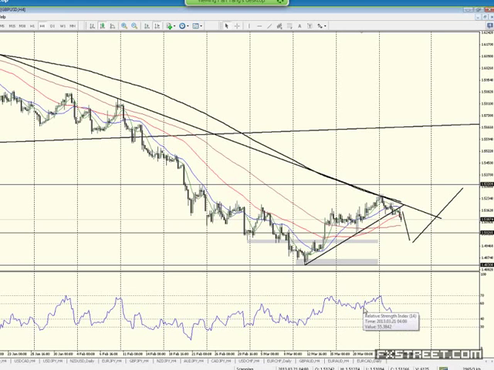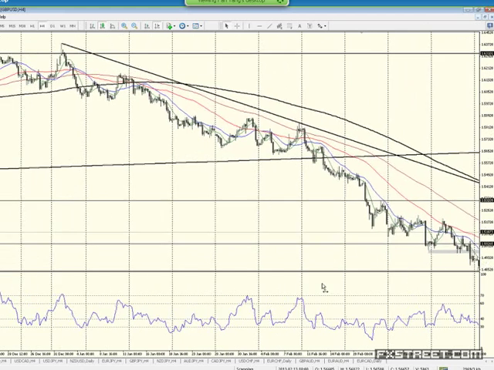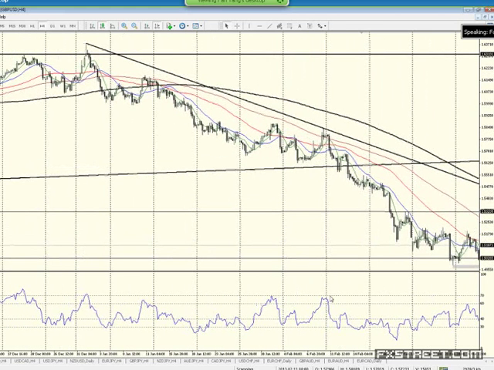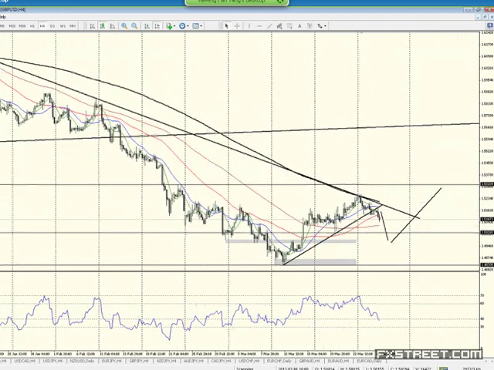RSI for me is a reflection of momentum, and the fact that it tagged 70 was not a good sign for me. Although if you do look back here, we tagged 70 as well, and as long as the market was holding under the 200 moving average, we were fine.